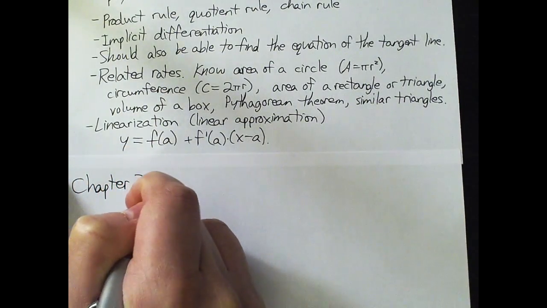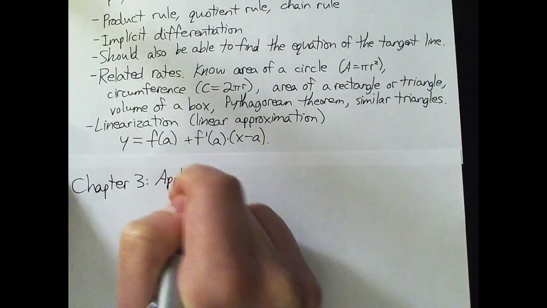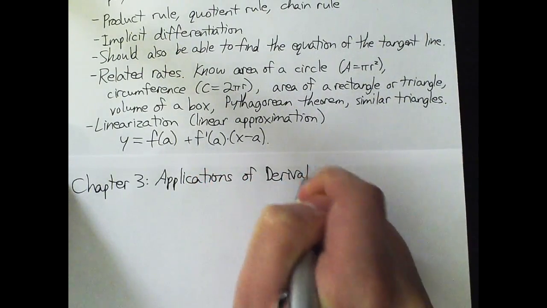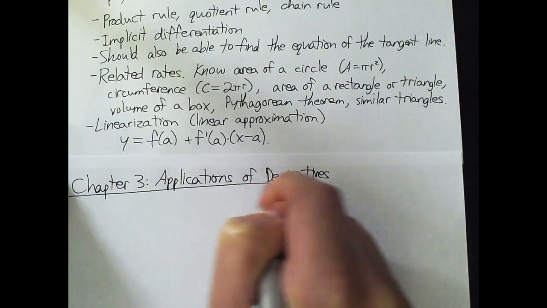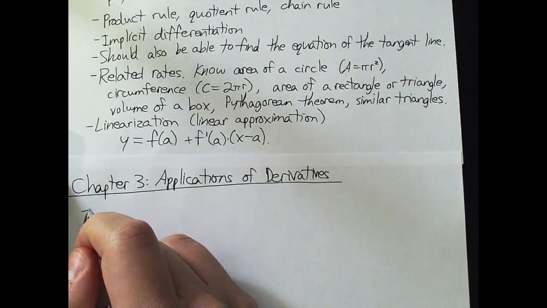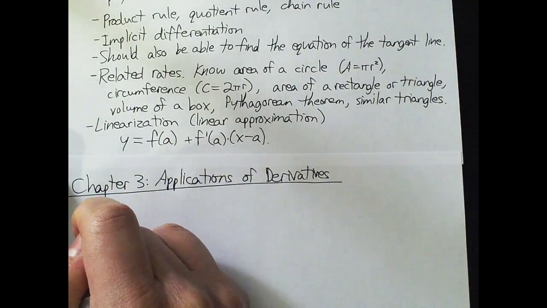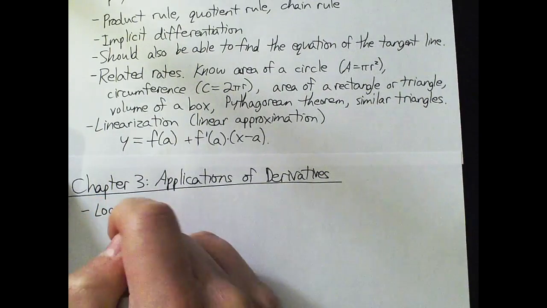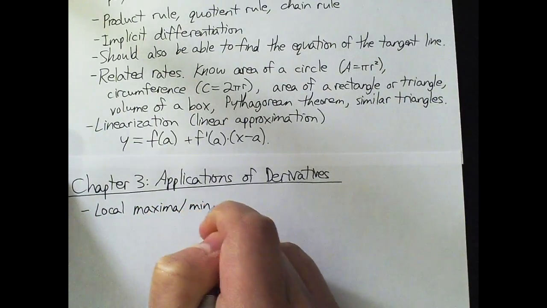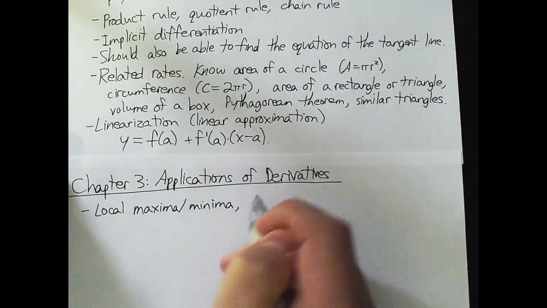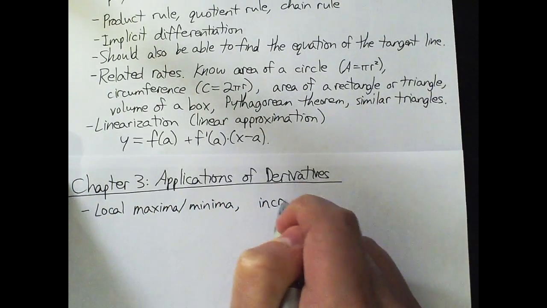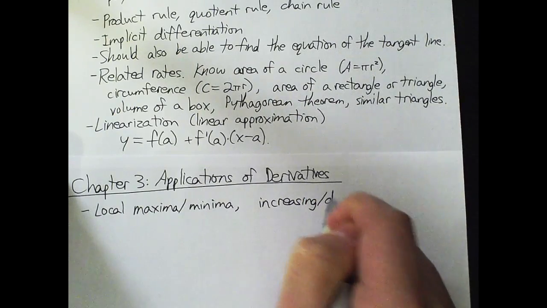Chapter 3 continued our discussion of derivatives, but it was applications of derivatives. I guess this began with us talking about local maxima and minima, whether a function is increasing or decreasing.